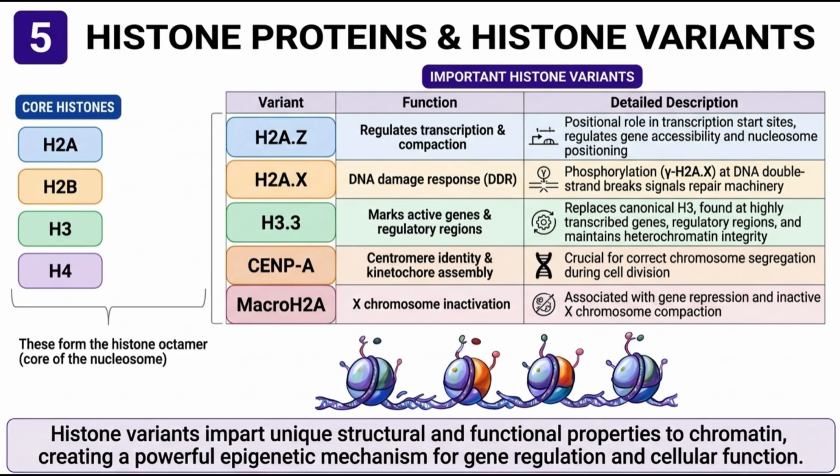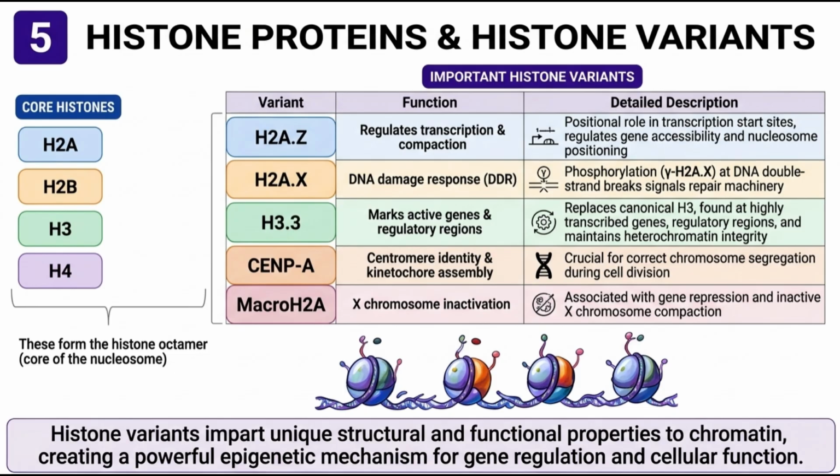Histone variants and their functions. Beyond the standard histones, the cell utilizes histone variants to change the property of chromatin in specific areas. Let's look at the key ones mentioned here. H3.3. This variant is primarily associated with transcriptional activation. It replaces the standard H3 in regions where genes are being actively read. CENP-A. This is a specialized H3 variant found only at the centromere.